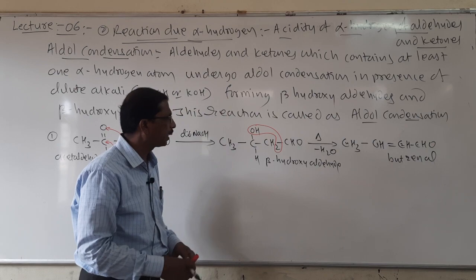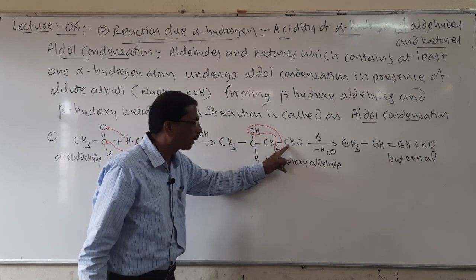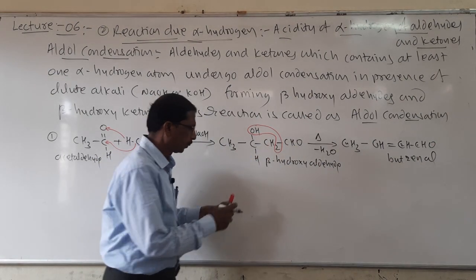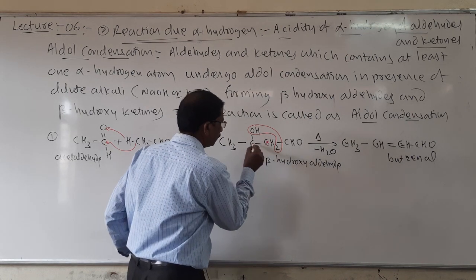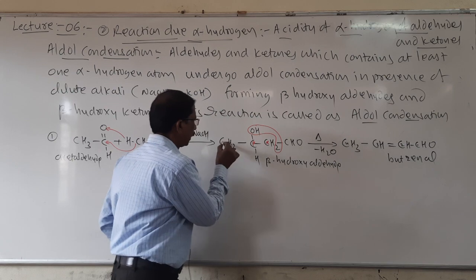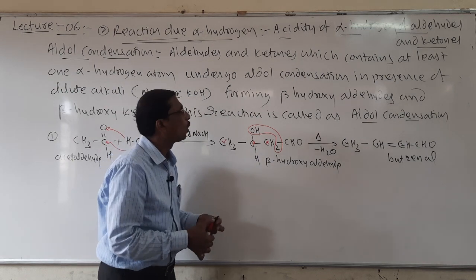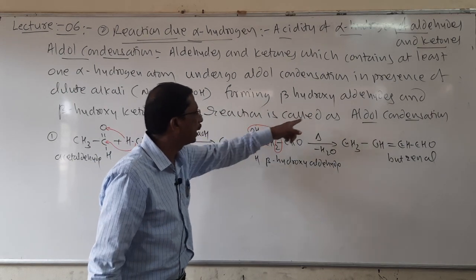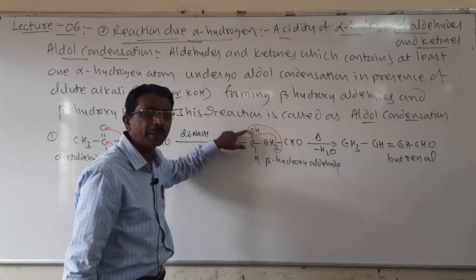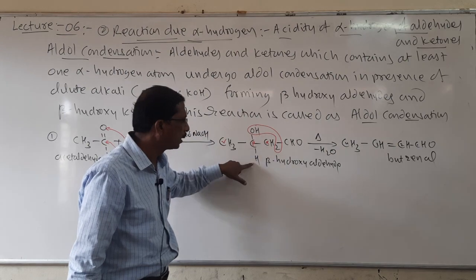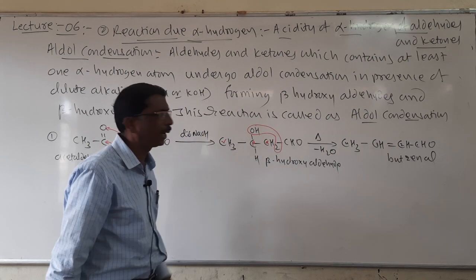So why is it called a beta hydroxy aldehyde? Look here, after this functional group, it is alpha, then beta, then gamma. Why are these called beta hydroxy aldehydes and beta hydroxy ketones? The beta carbon contains the OH hydroxy group, hence it is called beta hydroxy aldehyde.